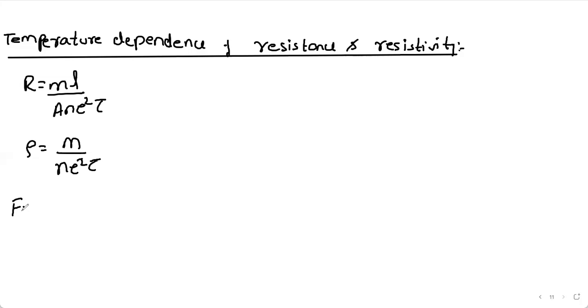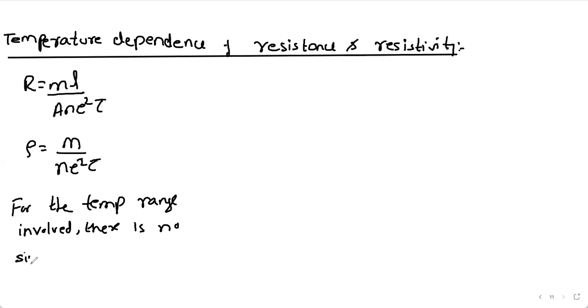So for the temperature range involved, there is no significant change in length and area of cross section on changing temperature.